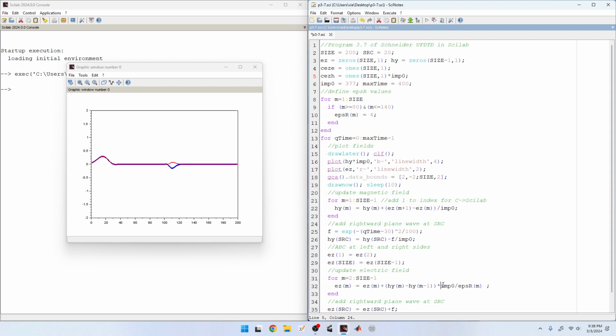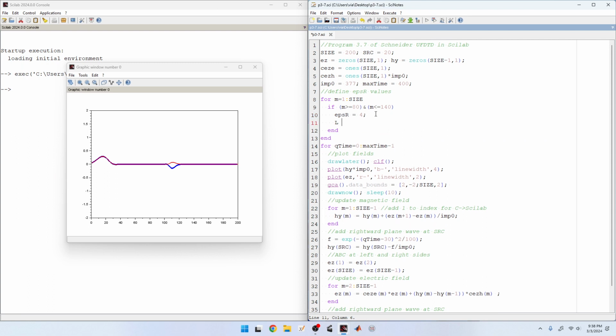Okay, and then this will become the CEZH term. And over here we'll have CEZE of M times EZ, and that's the only changes we need to make. So over here, we'll say in this region, eps relative will be 4, and the loss term will start off with 0. So it should just recreate the scenario we just looked at.